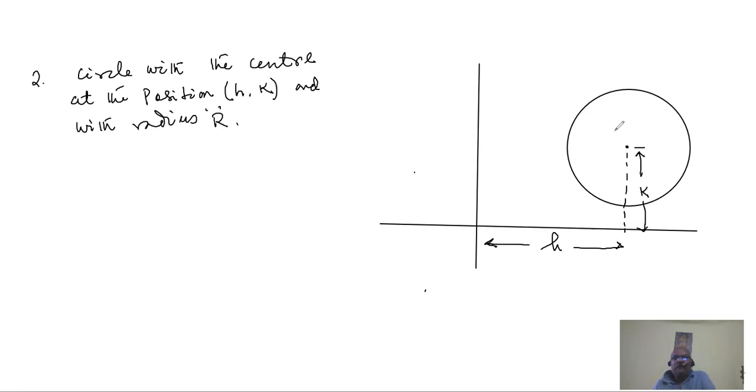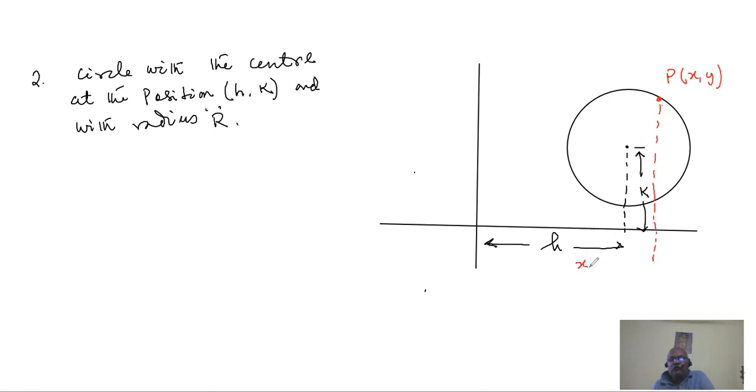As usual, if you consider a particular point on the circle, the point will be having its x and y. And if you try to show those x and y, then you know I am using a different color.